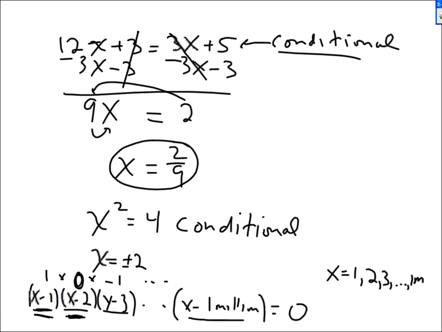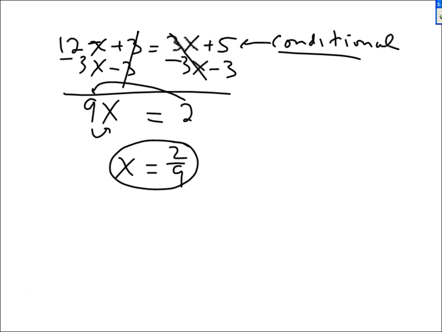There's a million different answers, but it's still a conditional equation. What are the conditions? x is 1 or 2 or 3 up to 1 million. So it is not conditional only if there's one answer, or 2 answers, or 3 answers.